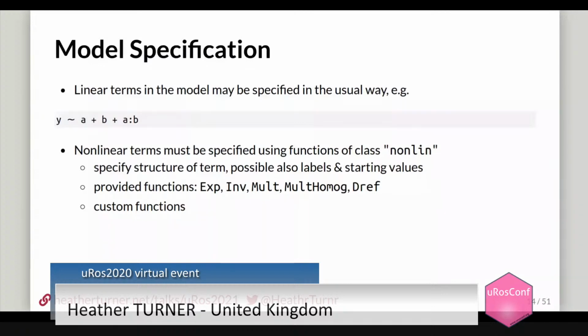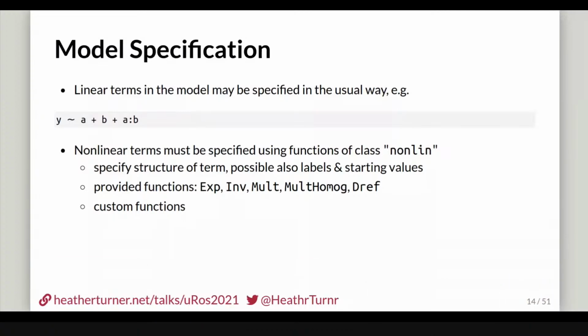So that's what the mult homog nonlinear function does, to fit homogeneous multiplicative interactions. And DREF is another special function which we're going to look at in our first case study, fitting diagonal reference terms. And you can also specify your own nonlinear function. It is a little bit tricky, but it can be done.